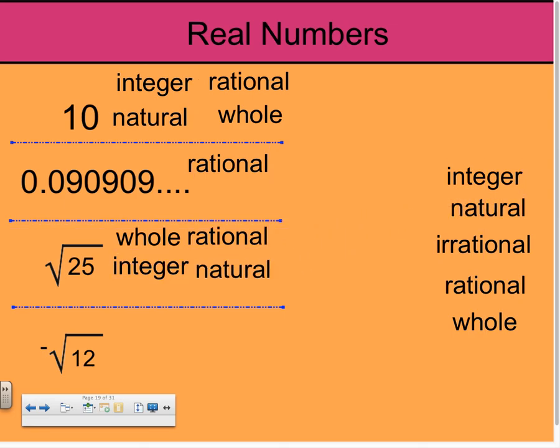Now the last one, negative square root of 12. All right? You're really going to have to punch that into your calculator to see what you see. But I need a volunteer to come up and do that one. Anthony. Come on down.